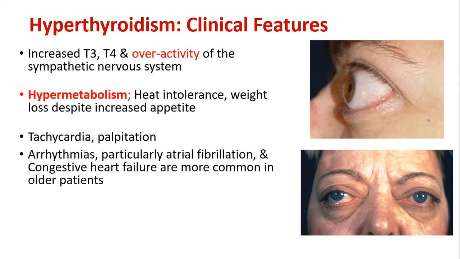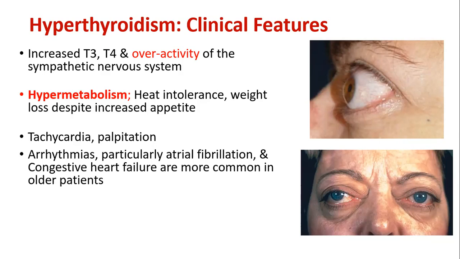So they may have heat intolerance, feel a little warm, start sweating, their hands look sweaty, the feet look sweaty, and they lose weight despite increased appetite. Yesterday I mentioned in the lecture on diabetes, in the differential diagnosis, weight loss despite increased appetite: thyrotoxicosis or hyperthyroidism.